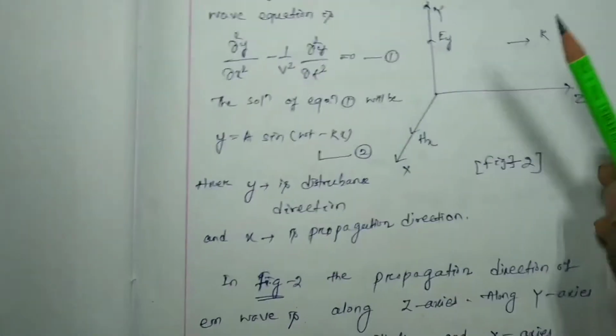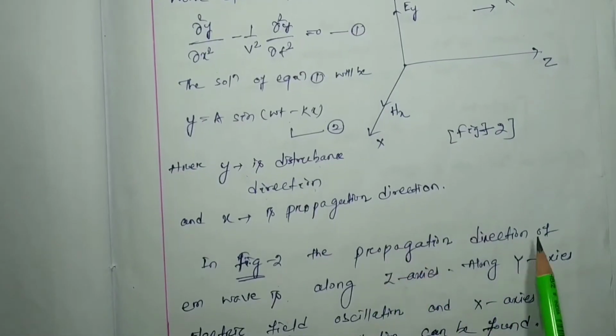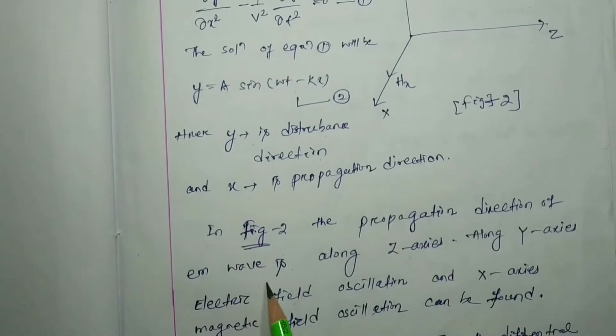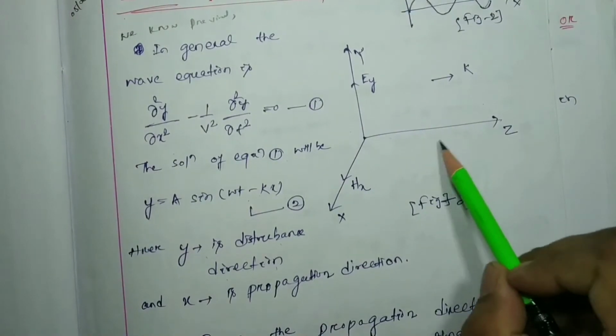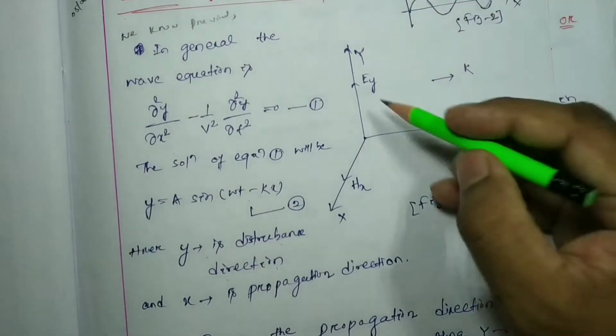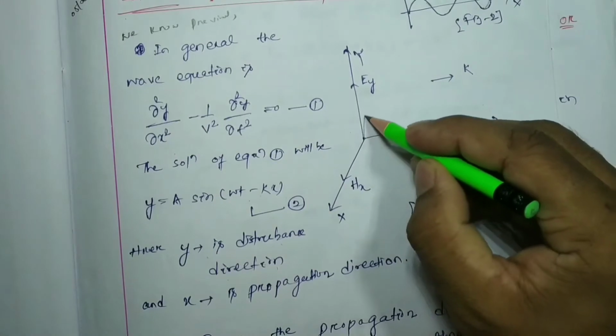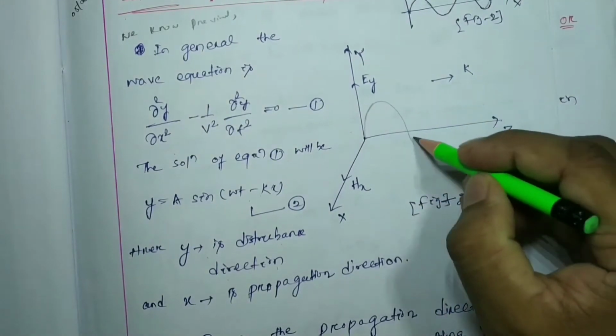In figure 2, the propagation direction of the electromagnetic wave is along the z axis. Here this is only a simple wave, but this is the representation of propagation of an electromagnetic wave. I have not drawn this figure; you may draw it, no problem.